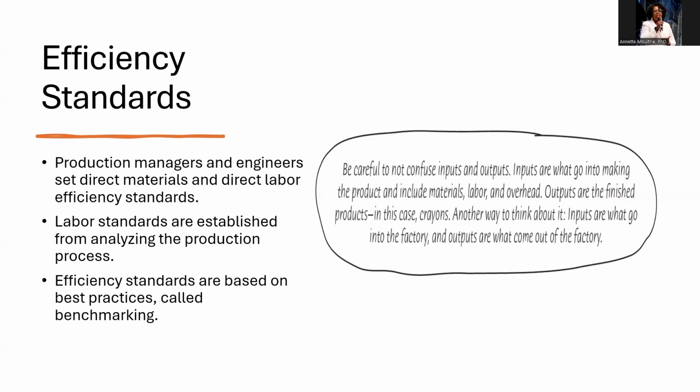And with the direct labor efficiency standard, to enhance labor efficiency, companies analyze each step of production to eliminate wasteful practices. Common improvements include rearranging machines to improve workflow and reduce material handling, conducting time and motion studies to streamline tasks, and installing conveyors at waist height to minimize unnecessary bending and lifting.